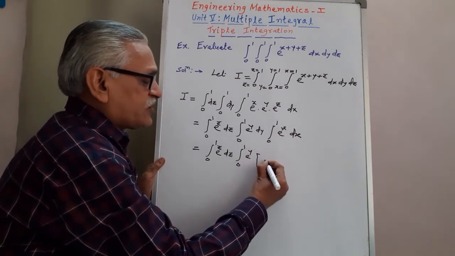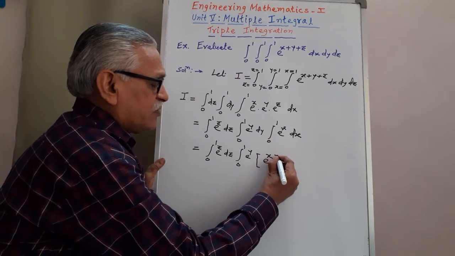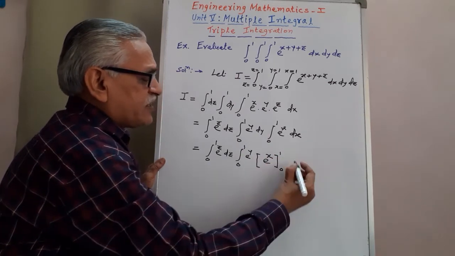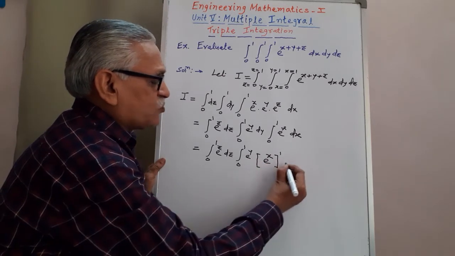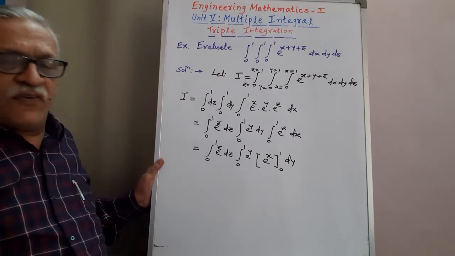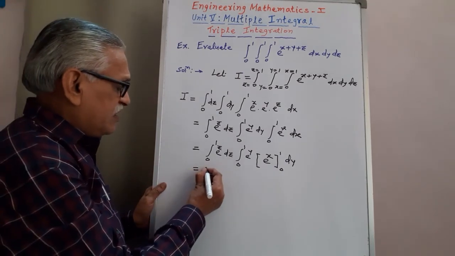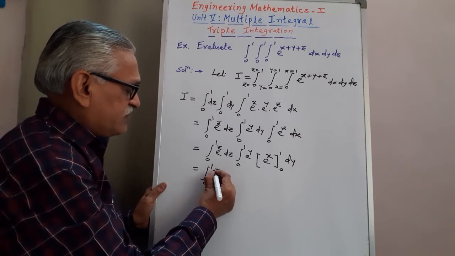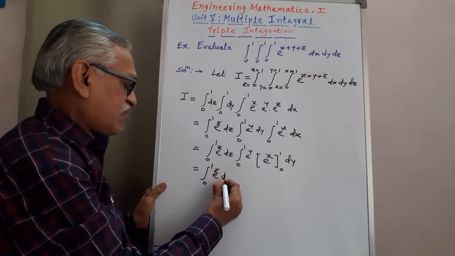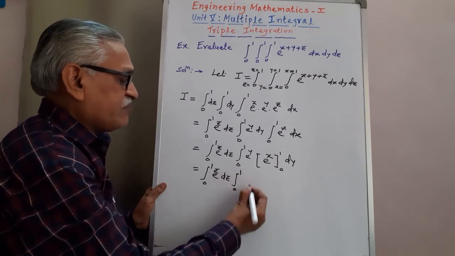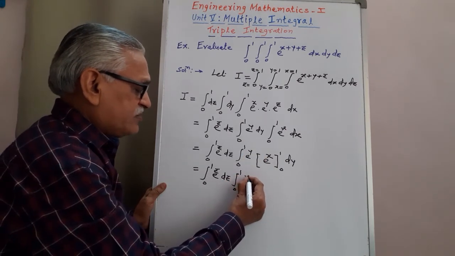Integration of e raised to x with respect to x is e raised to x, limits from 0 to 1, and then whatever that result is, we multiply it by e raised to y and then integrate it with respect to y. That is the first step. Next, integral from 0 to 1 e raised to z as it is, integral from 0 to 1 e raised to y as it is.